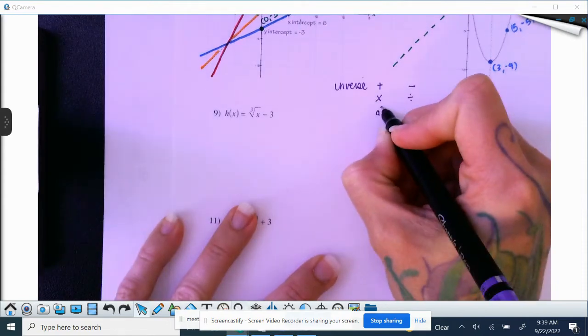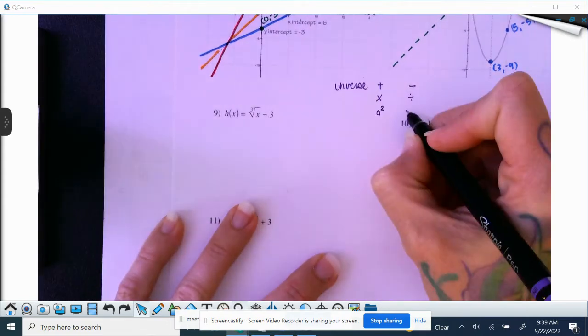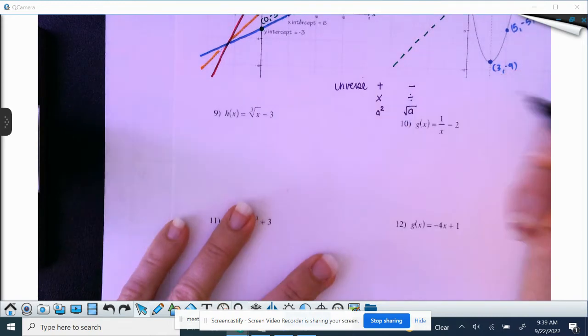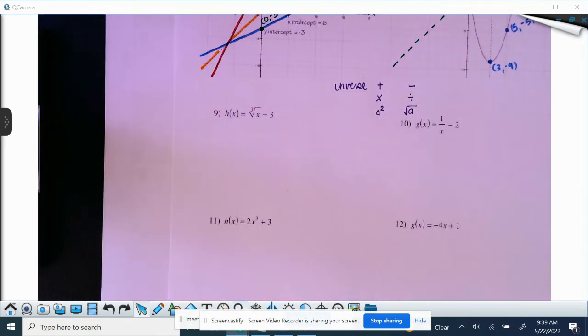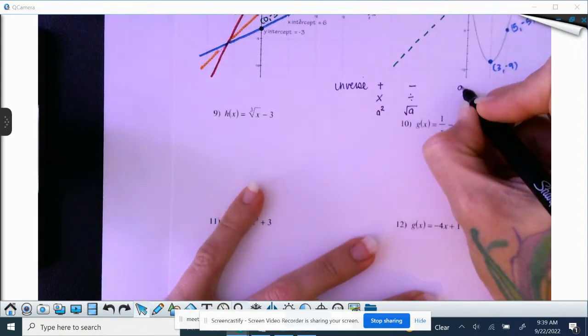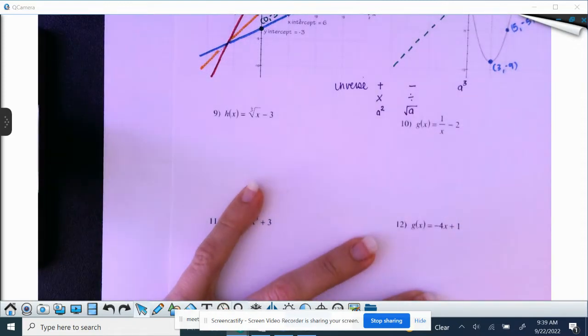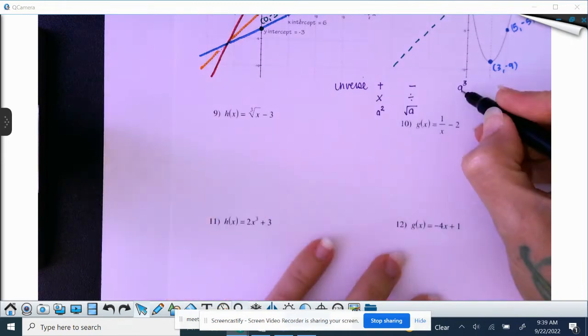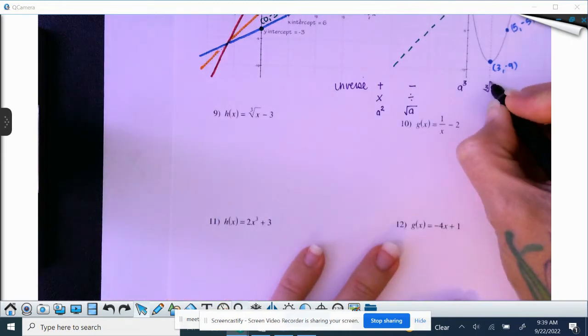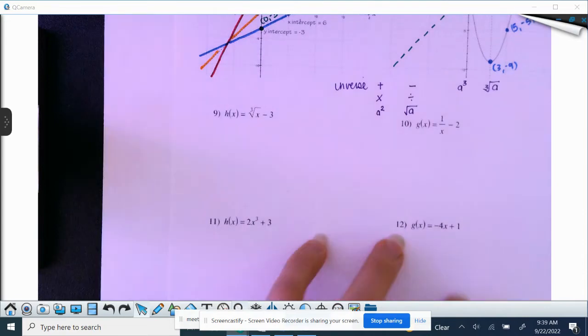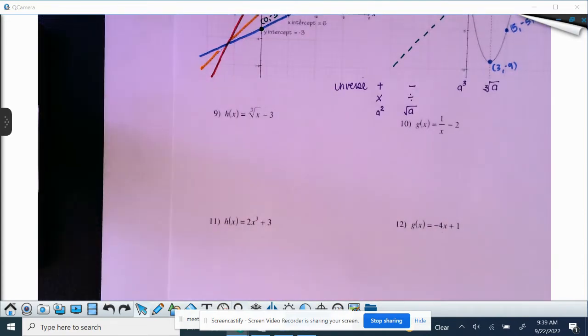So squaring something, the inverse is taking the square root. And when there's no number in the root bar, it is assumed that it's a 2. So that also works for any other power. If it's to the third, then you're going to use a cube root to undo it. And you always do those last.